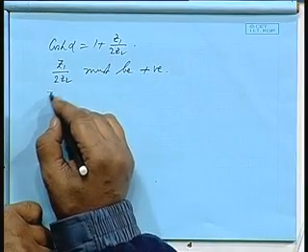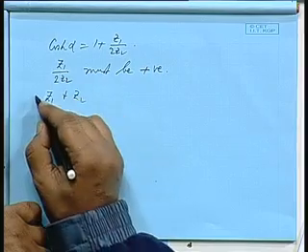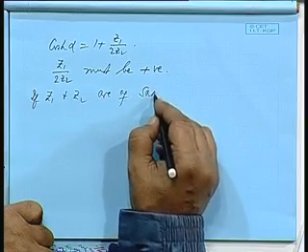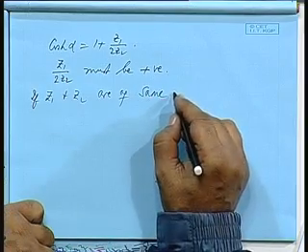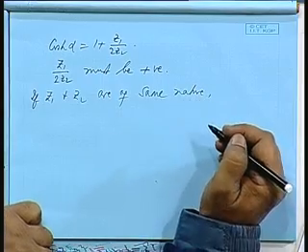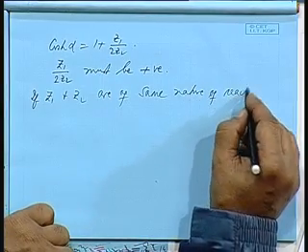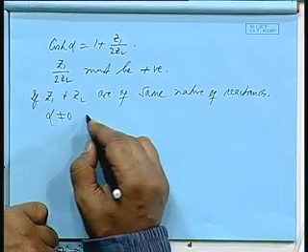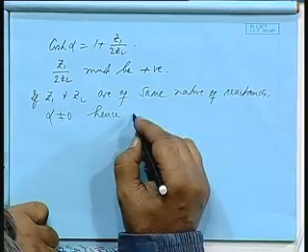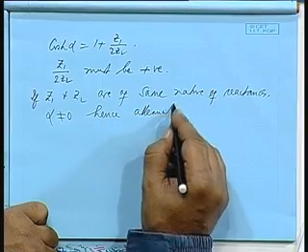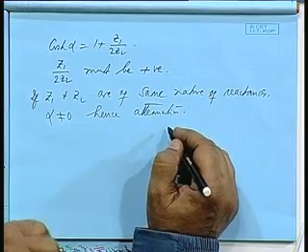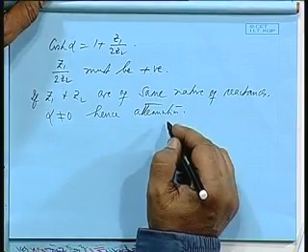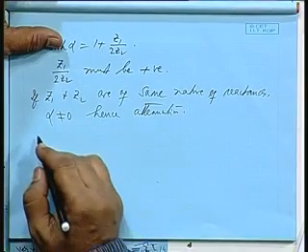So, if Z 1 and Z 2 are of same nature, that is both are inductive or both are capacitive, then alpha is not equal to 0, hence there will be attenuation. So, it will be in the stop band. An ideal filter will have infinite attenuation. If there is some attenuation, it will not be the pass band.